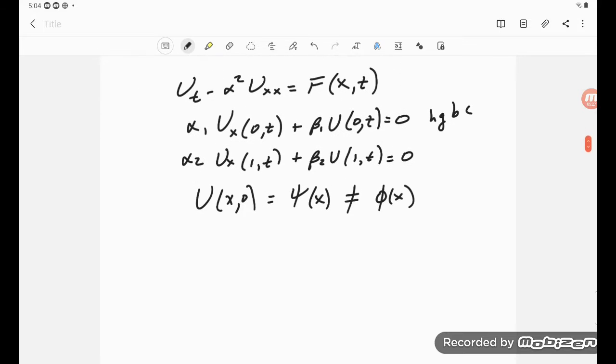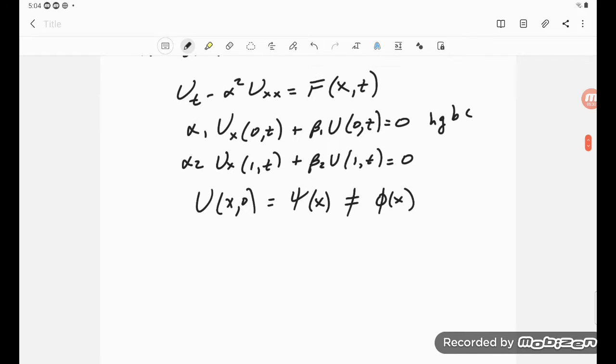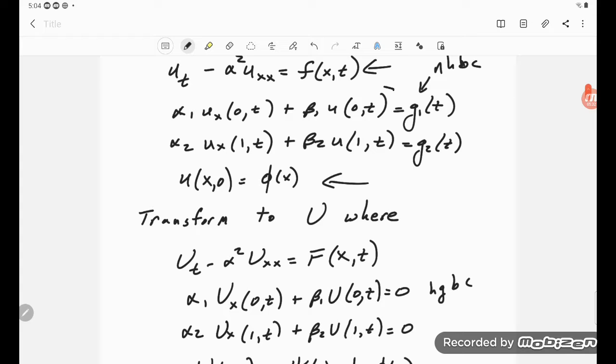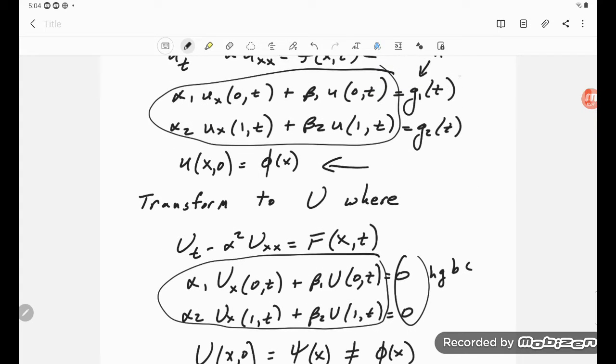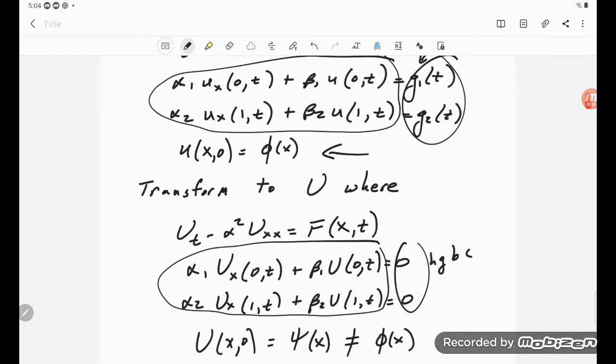And now notice this whole form, whether or not we've got it equal to 0 or some function of t. Again, remember that the most general sense here is that there's nothing that says we can't have either alpha or beta be 0 in either of these cases.